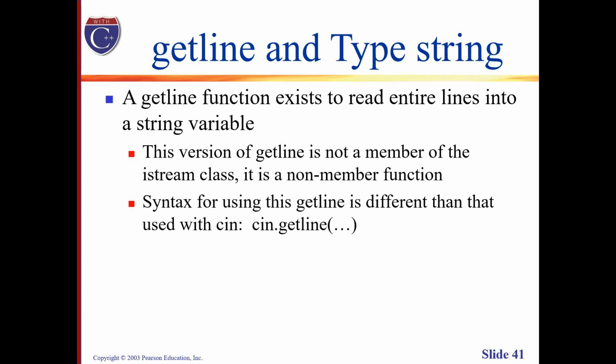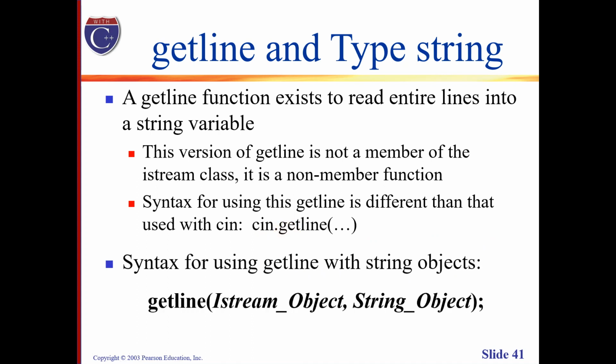The syntax for using this getline is different than that used with cin, such as this one. Thus, the syntax for using this version of getline with a string object is the following. Please take note of the arguments that are required whenever we call this function.